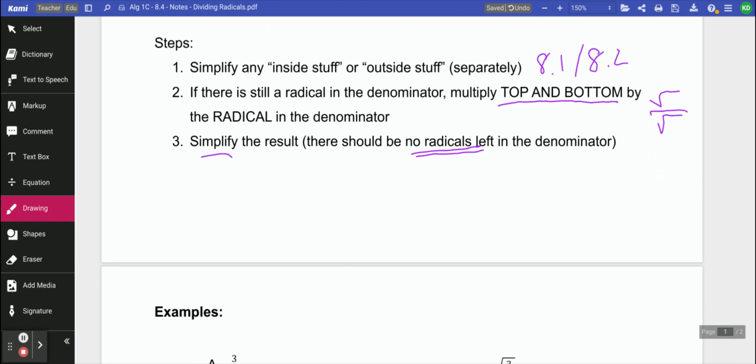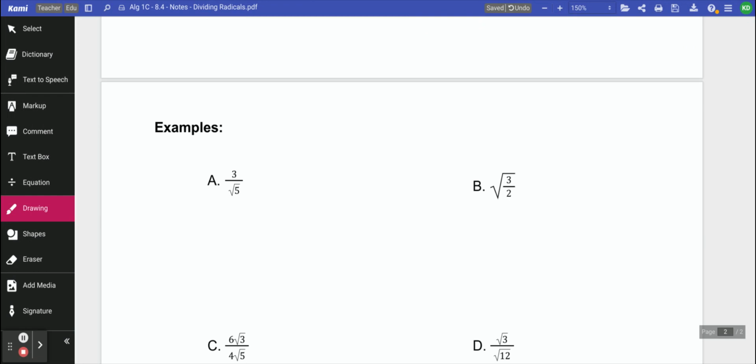So let's do some examples here. Our first example is 3 divided by radical 5. Remember, this right here, that's no bueno. We're not allowed to have that radical in the denominator. Regular fractions are fine, but we can't have a radical in the denominator. So we're going to multiply by that radical in the bottom and the top.